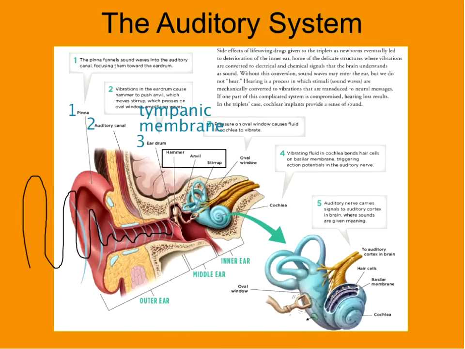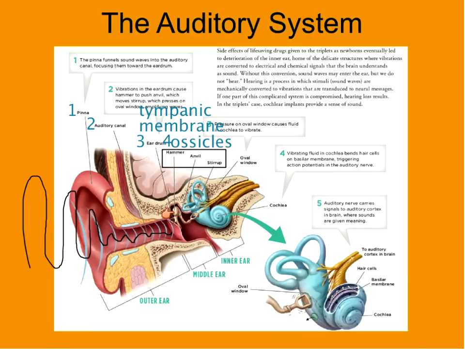Hammer, anvil, and stirrup, I'm going to make your life easier by rolling them together as one structure. Instead of 3 separate little bones, we're going to call them the ossicles. The ossicles are the tiniest bones in your body that vibrate in response to the vibrations being sent to them from the eardrum. So you can see here, if you look closely, the eardrum is going to vibrate.